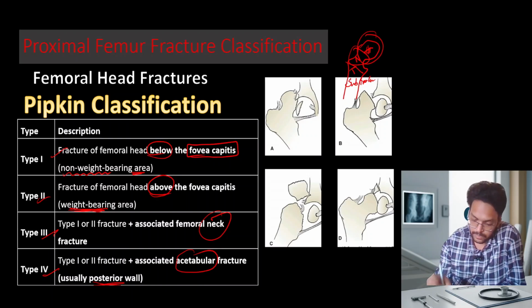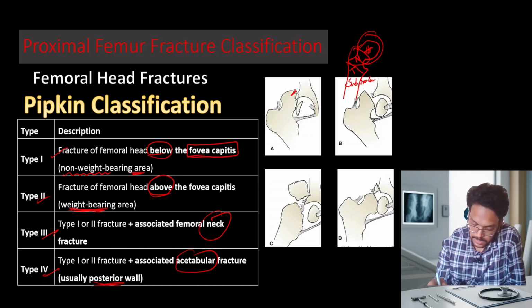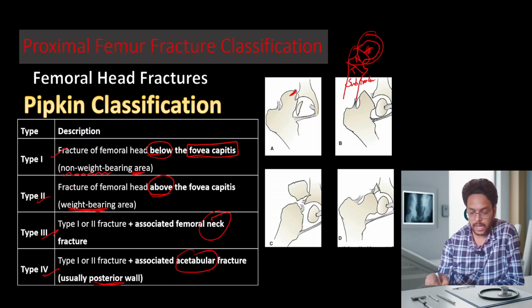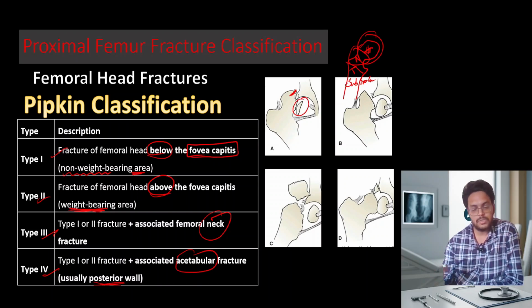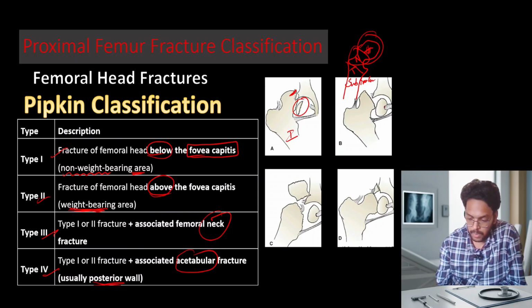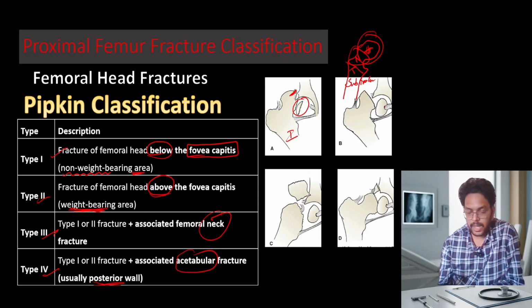The fovea capitis is nothing but the area where the ligamentum teres gets attached to the femoral head. If the fracture is occurring below the attachment of the ligamentum teres, it's a non-weight bearing portion, so it comes as type 1 of Pipkin's classification. If the fracture is occurring above the fovea capitis, it's a weight bearing portion, it's type 2.